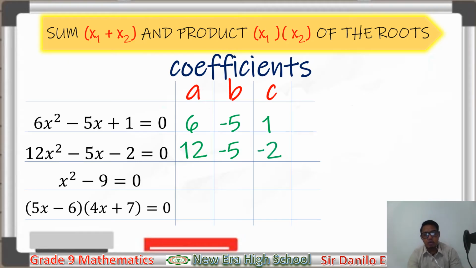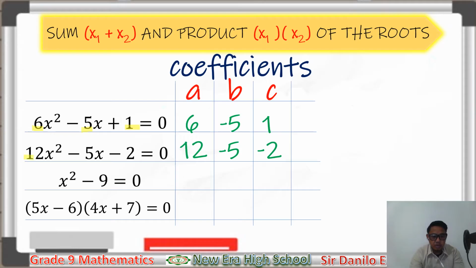If you're wondering, paano natin nakukuha yan? Remember, we have ax squared, ito yung a natin, x squared, bx, ito yung ating b, ito yung ating c. So, ax squared plus bx plus c equal to 0.